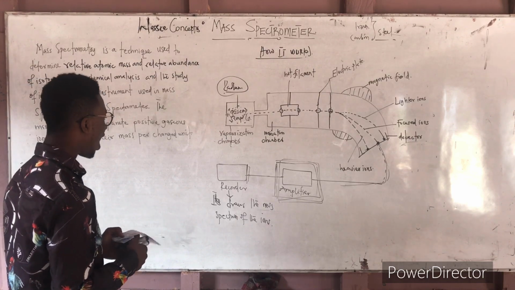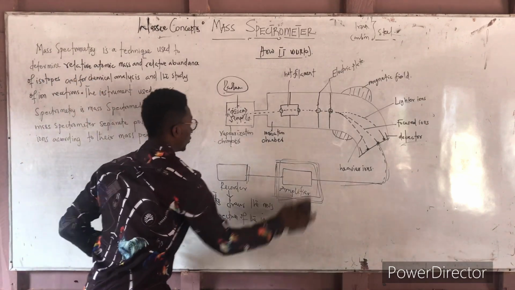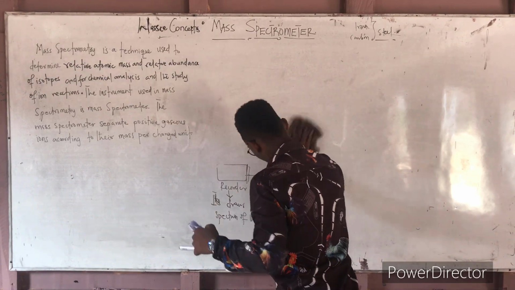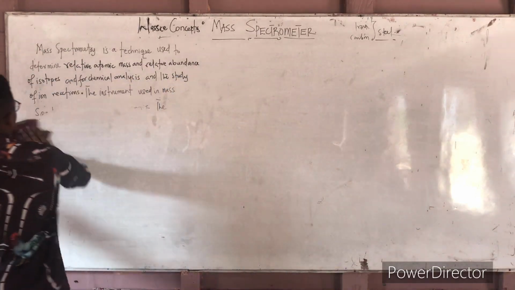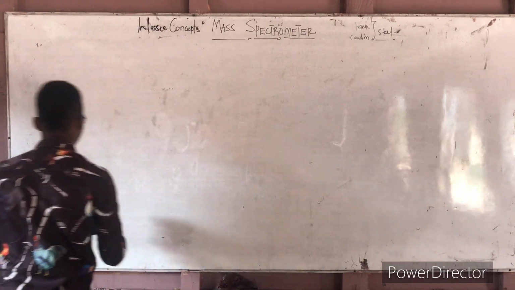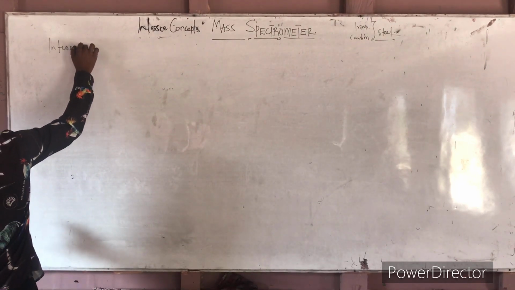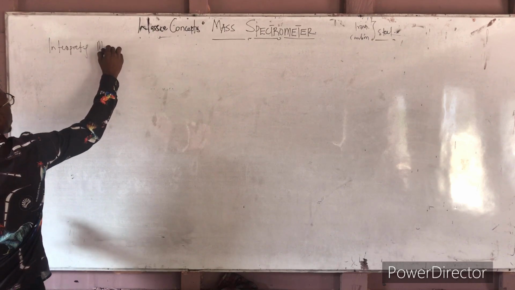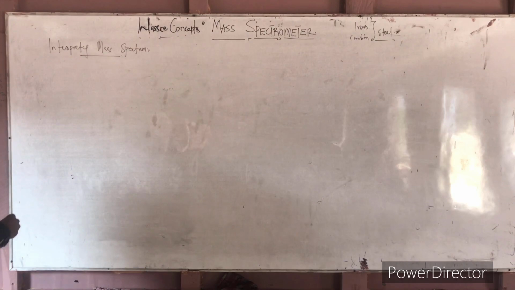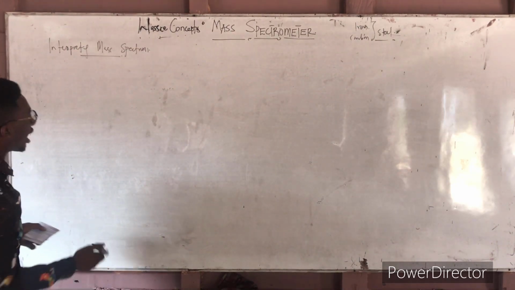Now, how do we interpret the mass spectrum? The mass spectrum is a graph of percentage abundance against the relative atomic masses of the ions.